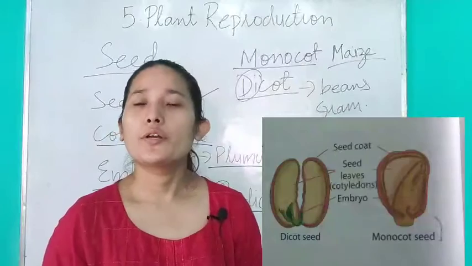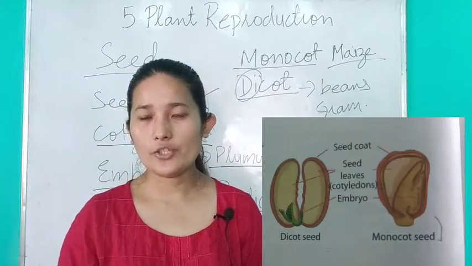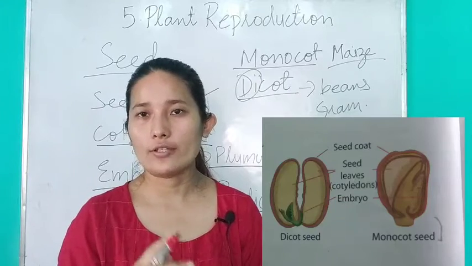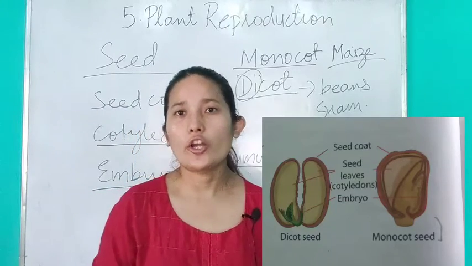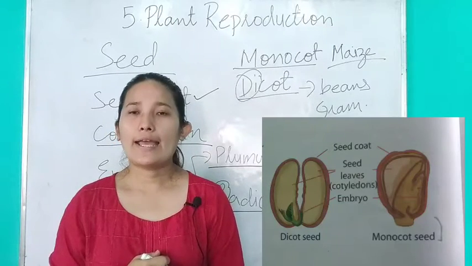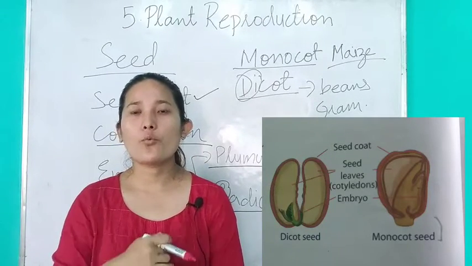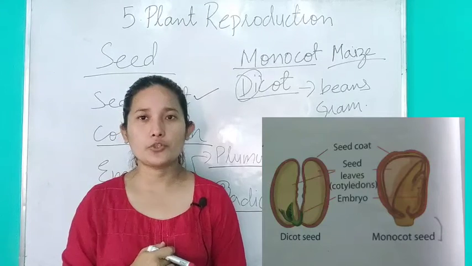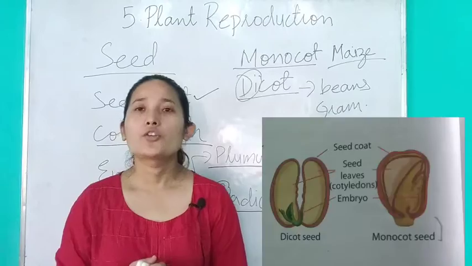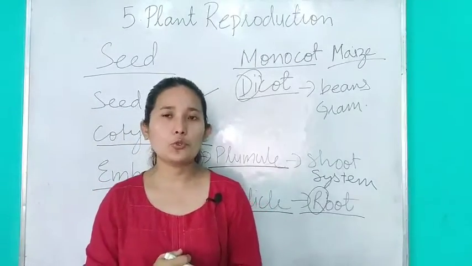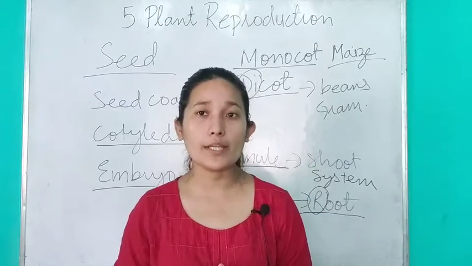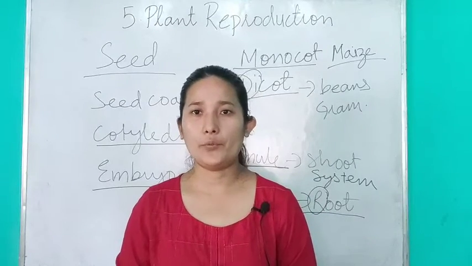So mono means one, so one cotyledon; di means two, so two cotyledons. Dicot has two cotyledons, monocot has one cotyledon. You should know the difference between these two and an example of each. So that's all about seed. You just have to go through the structure, like what the seed coat is, you should be able to label it, cotyledon, embryo.